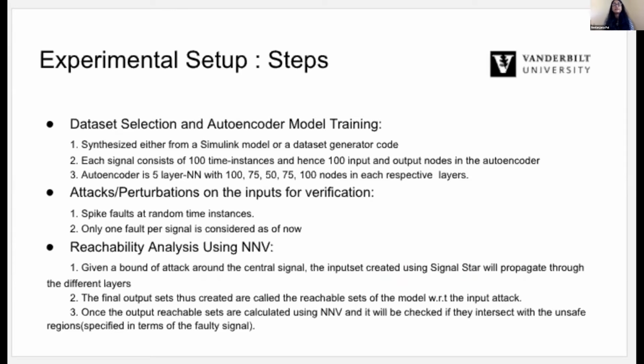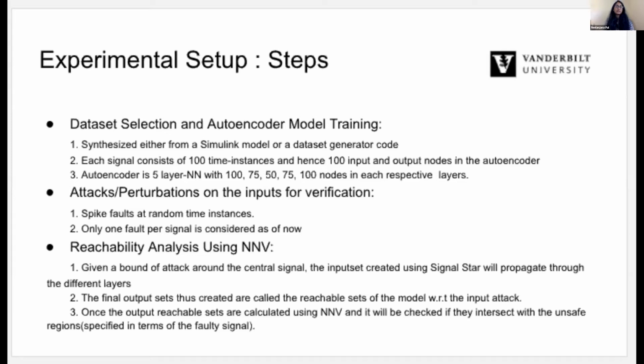It's basically a 5-layer autoencoder model, with 100, 75, 50, 75, 100 nodes in the respective layers. And as I discussed in the previous slide, we have considered spike faults for this work.